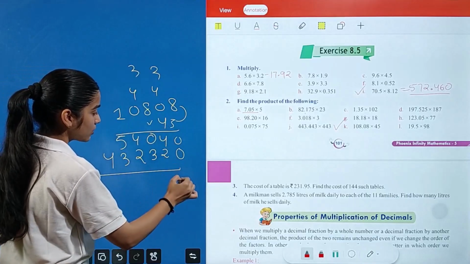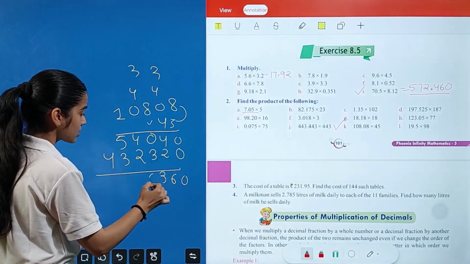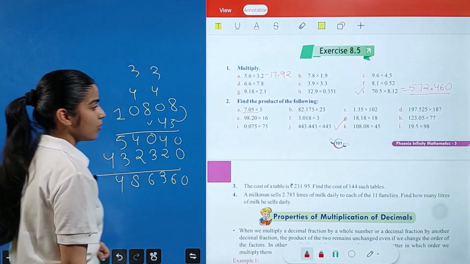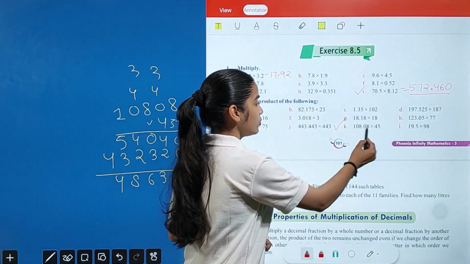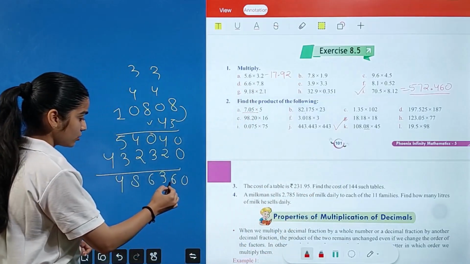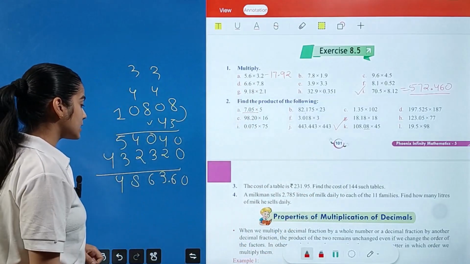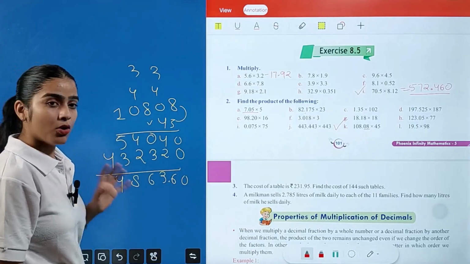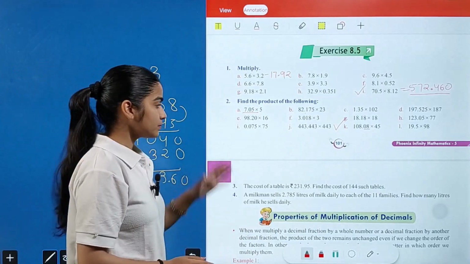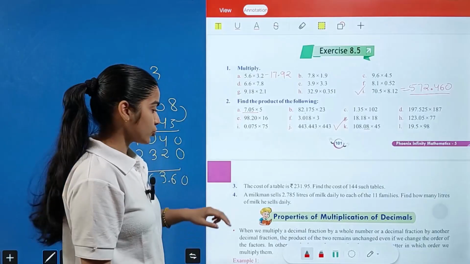Now we have to add them together: 0, 6, 3, 6, 8, 4. How many total digits do we have after the point? Only 2. So 1, 2. So 4863.60 is your answer. Okay students, in the same way you have to do the rest of the parts we have in question number 2.